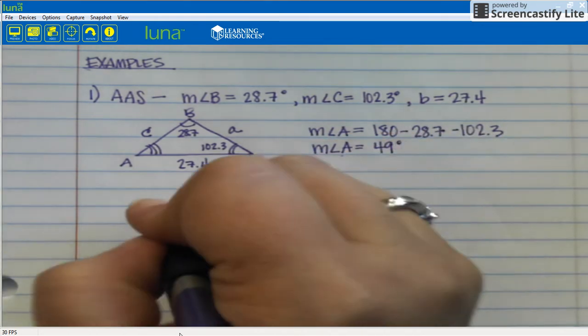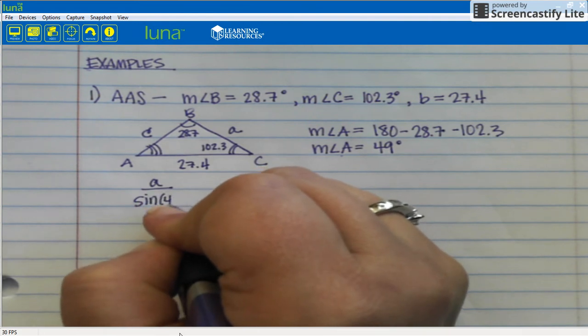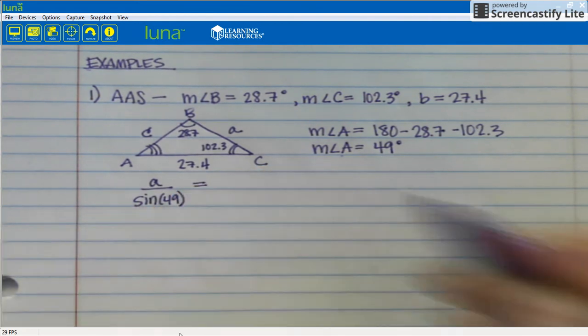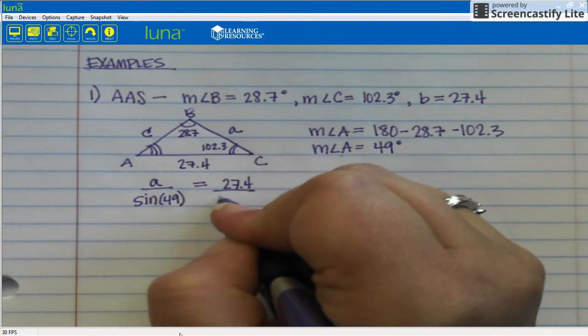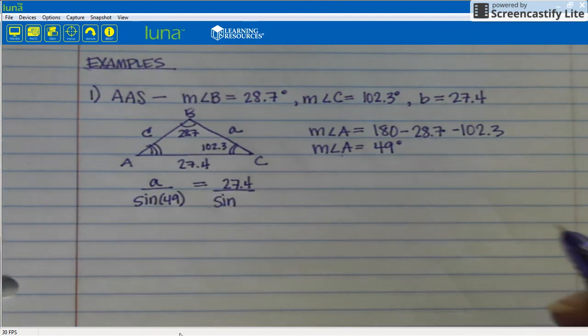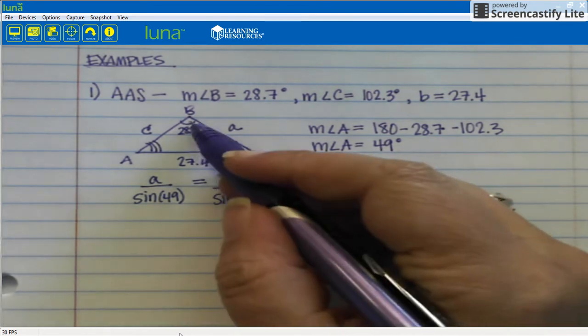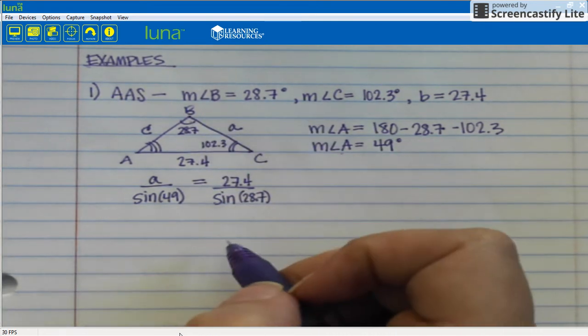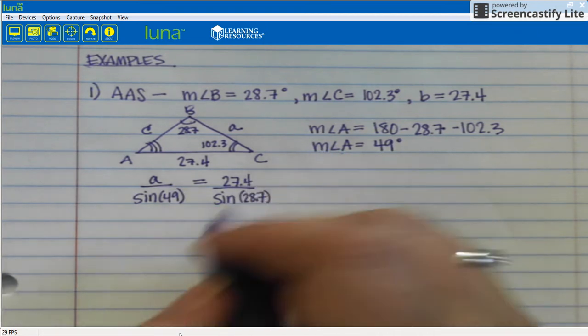So using the law of sines, now I can find my missing side lengths. So I can say little a over the sine of 49 is equal to 27.4 over the sine of 28.7. Little b over sine of B. And so when I solve this for a, you're going to solve this as a proportion, so you're going to cross multiply.